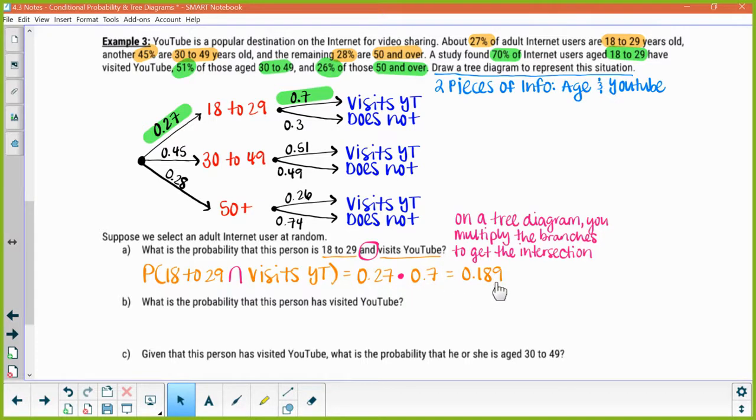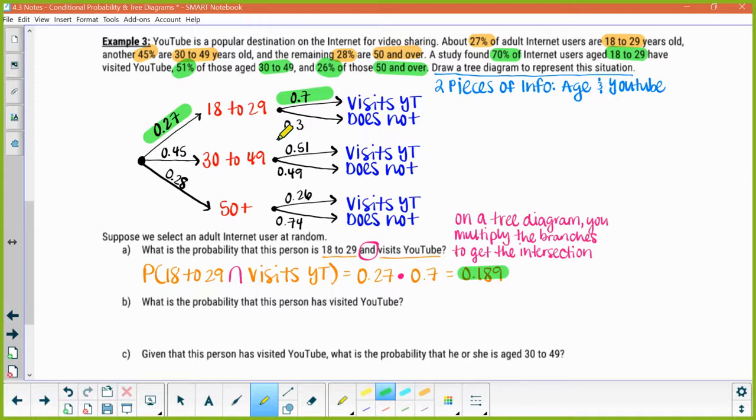which is equal to 0.189. I was going to say not plus, because you have to think rationally. If I were to add these two things together, that would give me 97% chance. I can't say I have a 97% chance out of all of these options of this occurring.